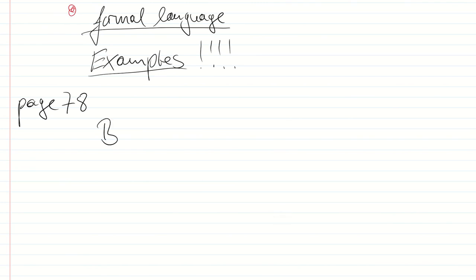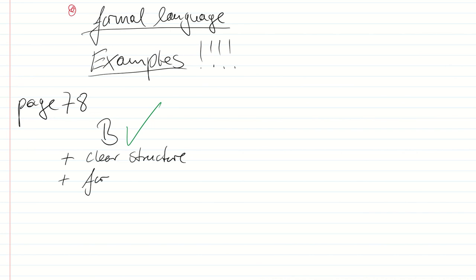So, text B, check. What is good about text B? Text B has a clear structure. So we have the introduction, we have the main part, and in the end we have the conclusion. And every new thought starts with a new paragraph.